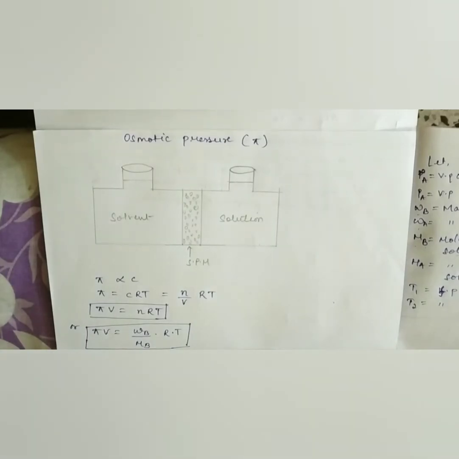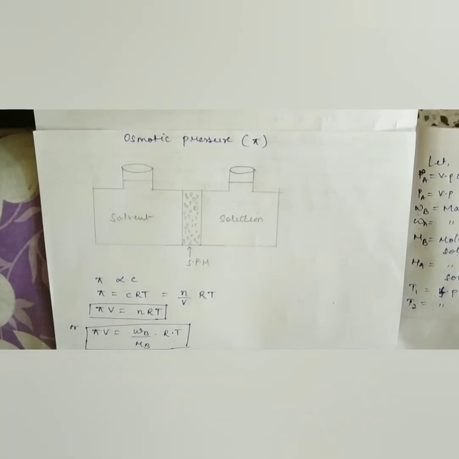So I hope you have understood these two colligative properties, elevation in boiling point and depression in freezing point. Now let us proceed to our next colligative property, which is the osmotic pressure, denoted by pi. Before discussing osmotic pressure, let us talk about osmosis.